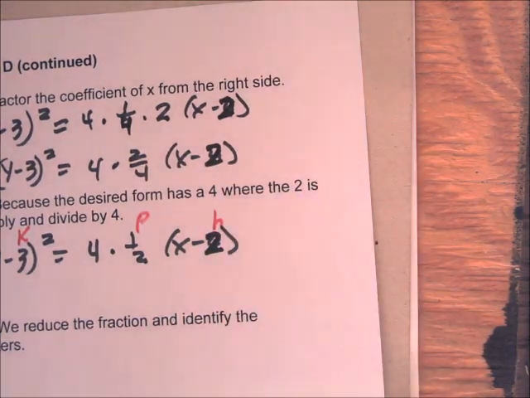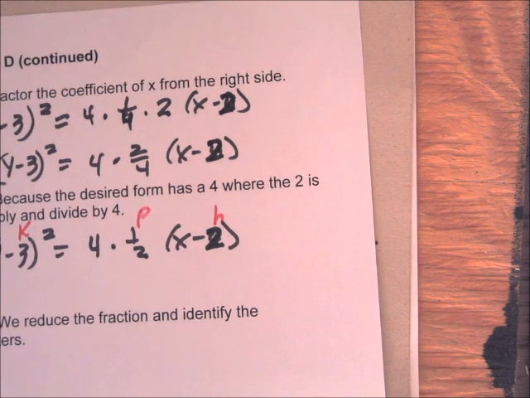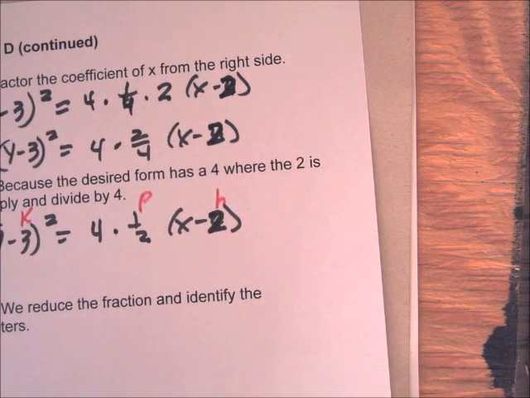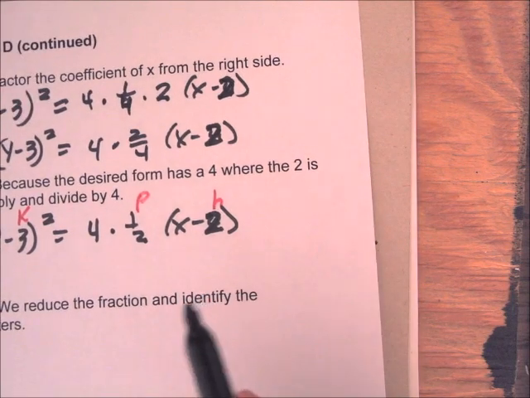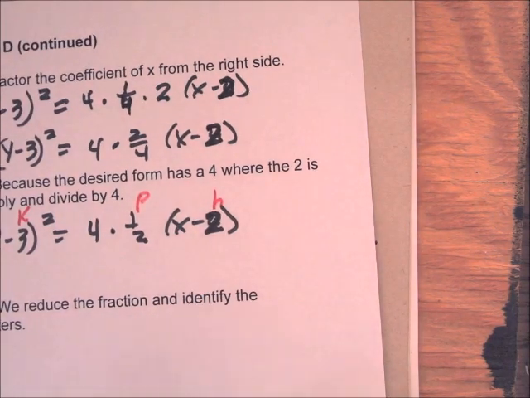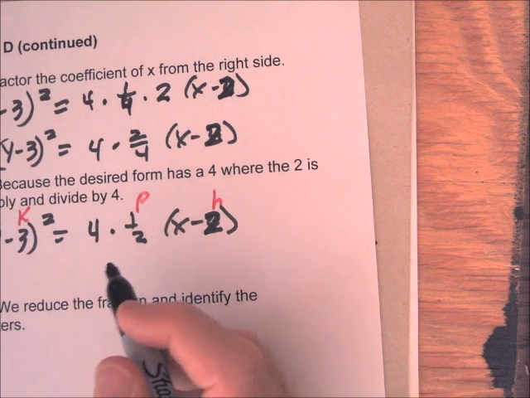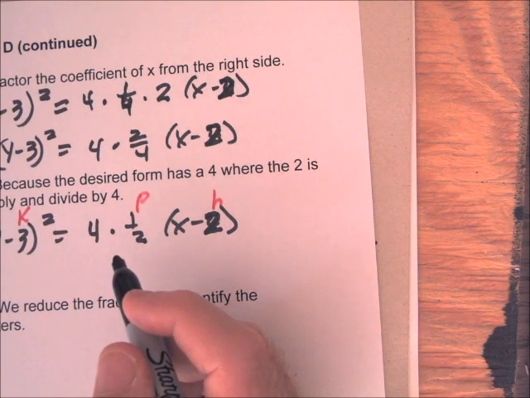Okay, so the vertex of the parabola is going to be at 2, 3.